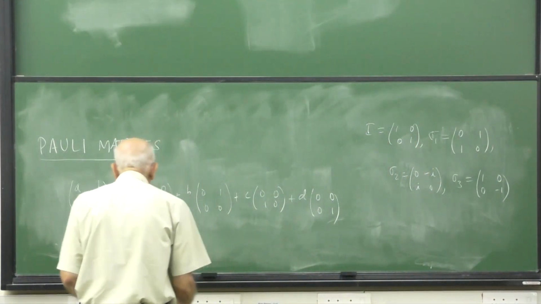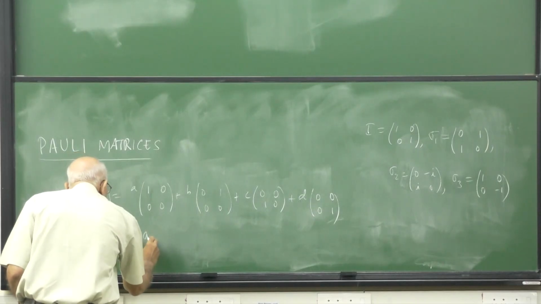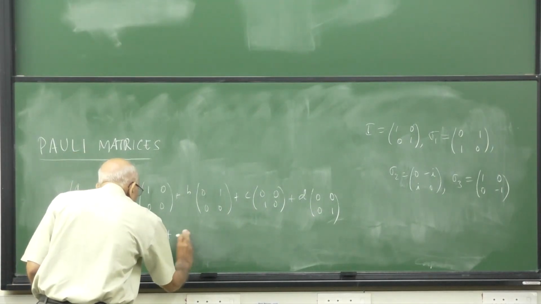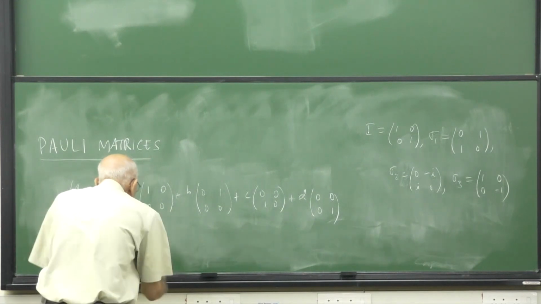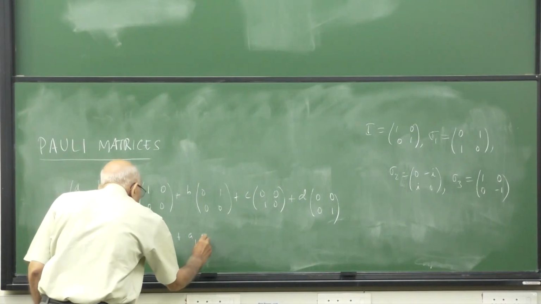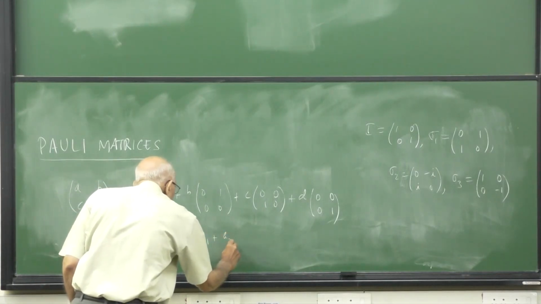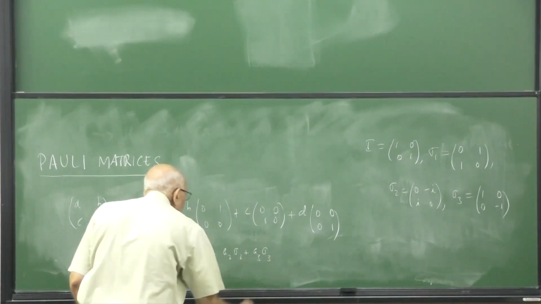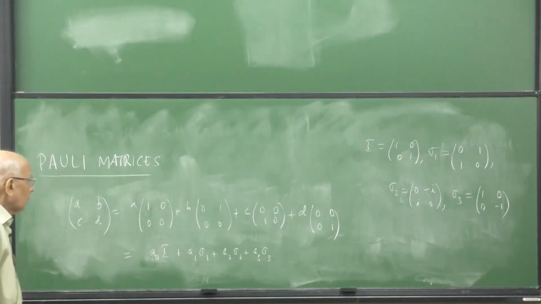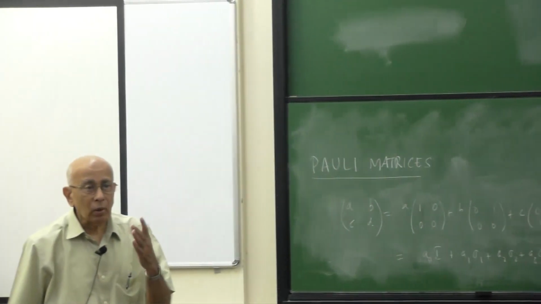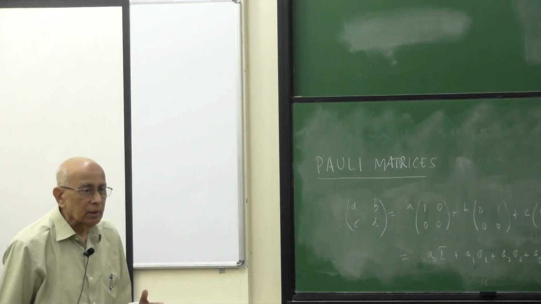And I claim that any 2 by 2 matrix can also be written as A0 times I plus A1 times sigma 1 plus A2 times sigma 2 plus A3 times sigma 3. You can write any 2 by 2 matrix as a linear combination of these; I need 4 of them for the basis. That number cannot be changed.